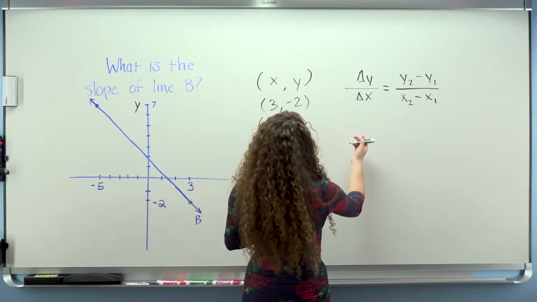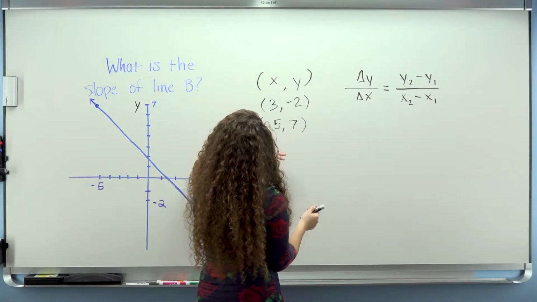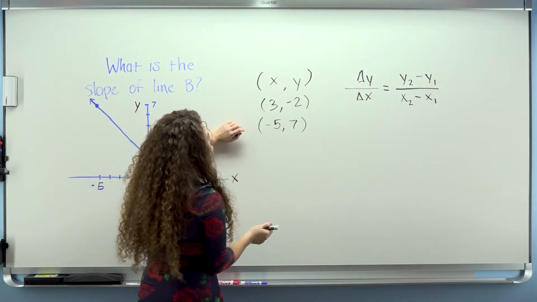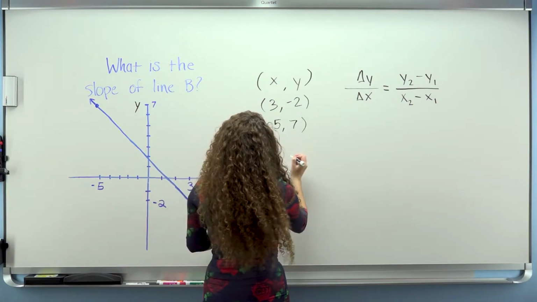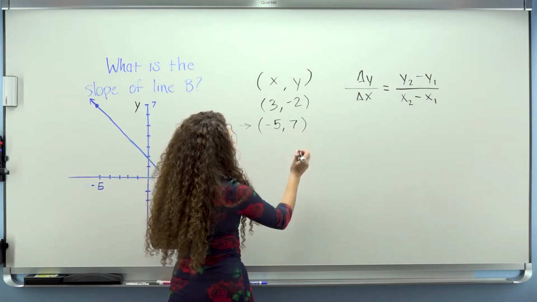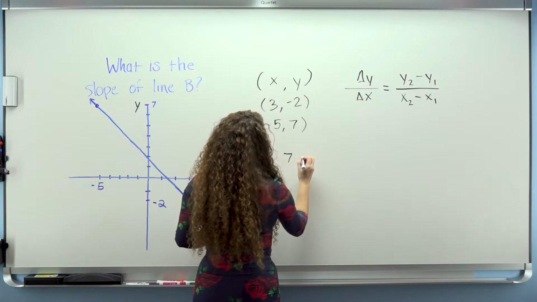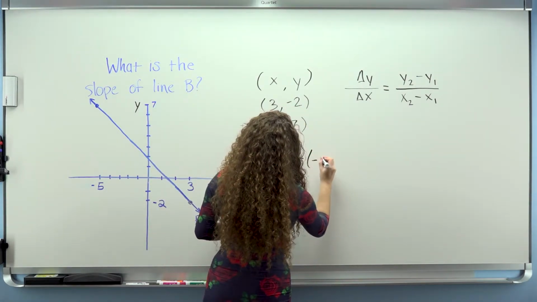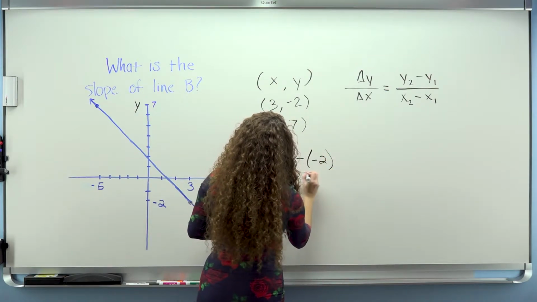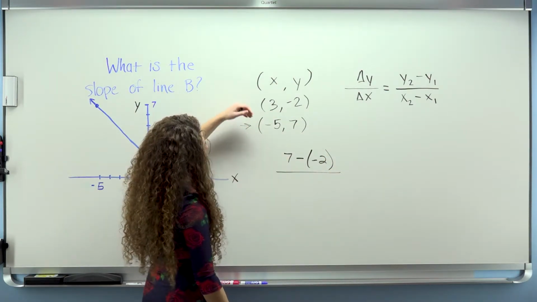So if we do y2 minus y1 using, let's say, this y value first. We'll do this one. So again, this is our y's. So we'll use 7 minus a -2, right? Over, then we have x2 minus x1.